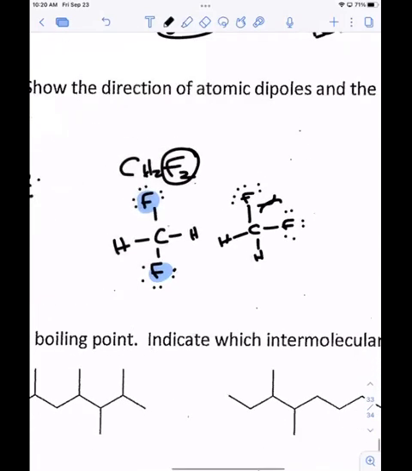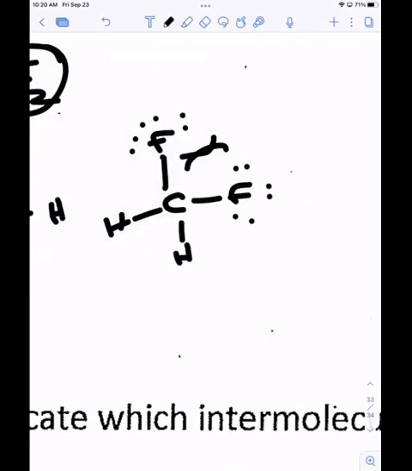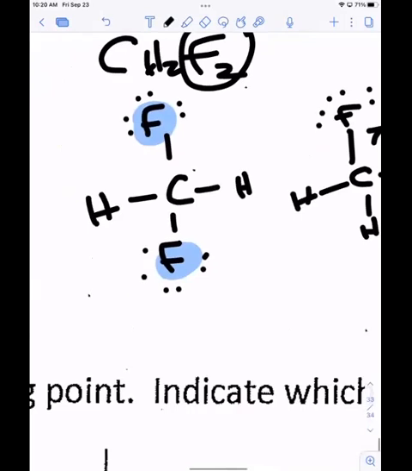If you write it like that without understanding the electrons and how they are repelling one another, then it might be tempting to say that there'll be a dipole, but the understanding is that the fluorines are going to be on opposite sides of one another because of the lone pairs and the electron pair repulsion.